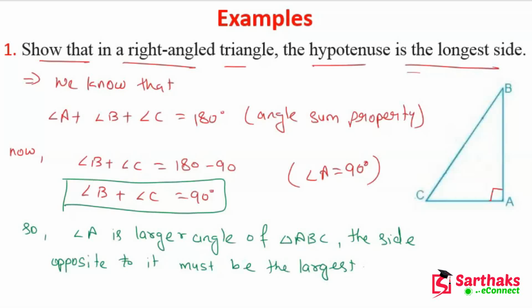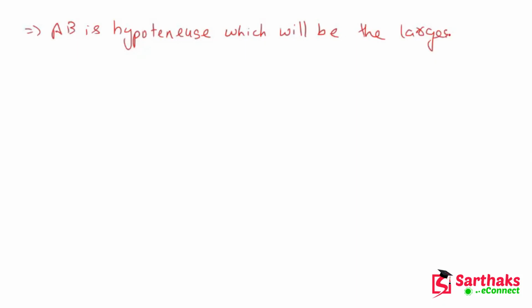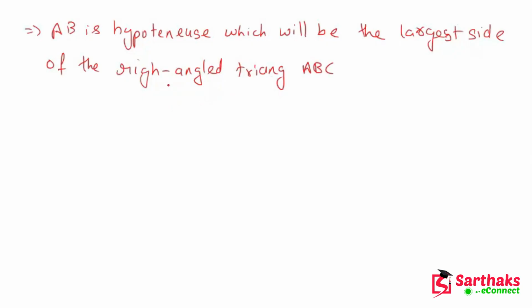We know that AB is the hypotenuse, which will be the largest side of the right angle triangle ABC. I hope you get this point.